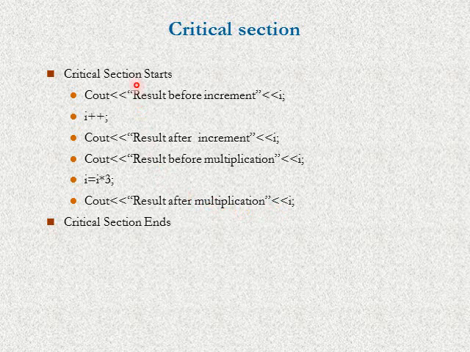You can see that this should not be a problem for a single threaded application. However, now let's assume that we have multiple threads running in parallel in a multiprocessor environment, where we have multiple threads as well as multiple processors present in the system. It is possible that one thread may start its execution from here. Simultaneously, another thread starts its execution from here.